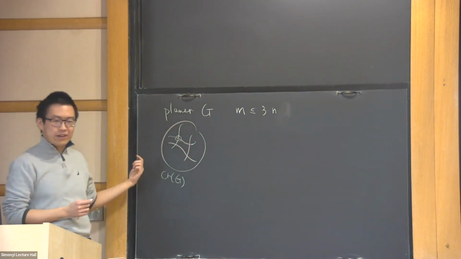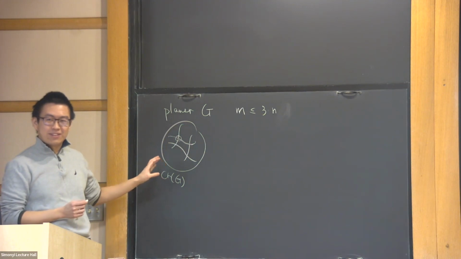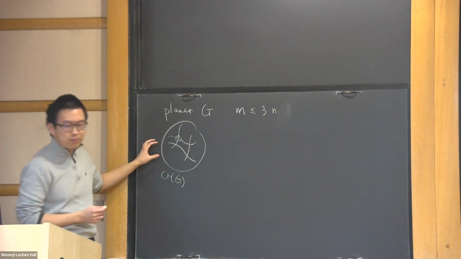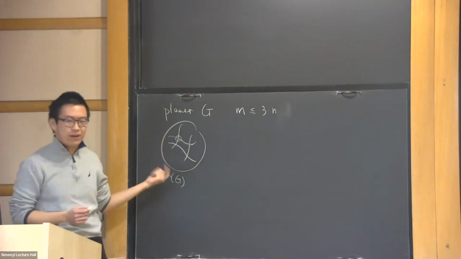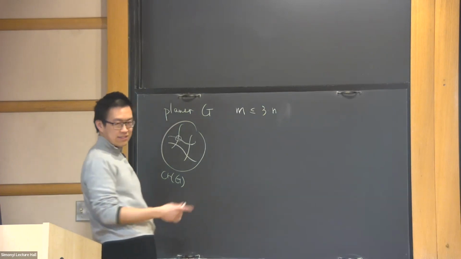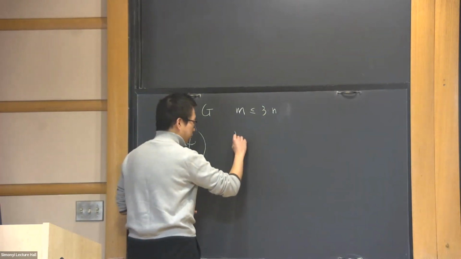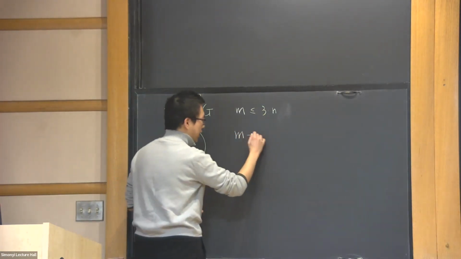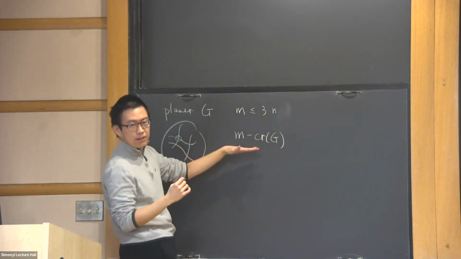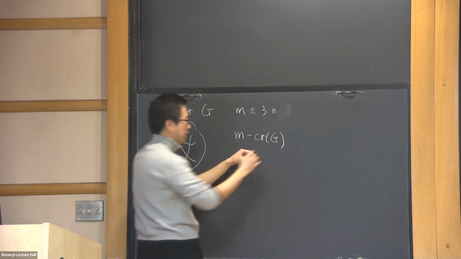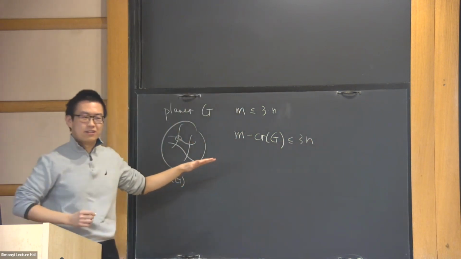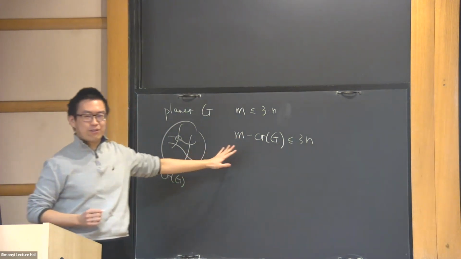What we get out of it is a planar graph, because we have dealt with all the crossings. So we start with an optimal drawing, and for every crossing, take out one edge. The remaining graph is planar. So if we start with the original number of edges and take out at most cr(G) edges, then what remains is a planar graph, so less than 3n. This is true for every graph.